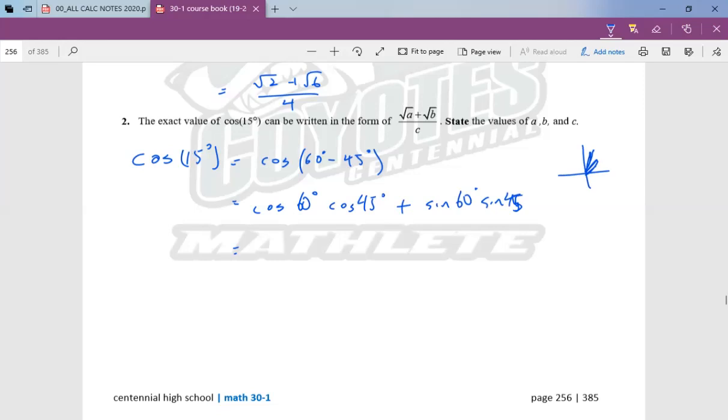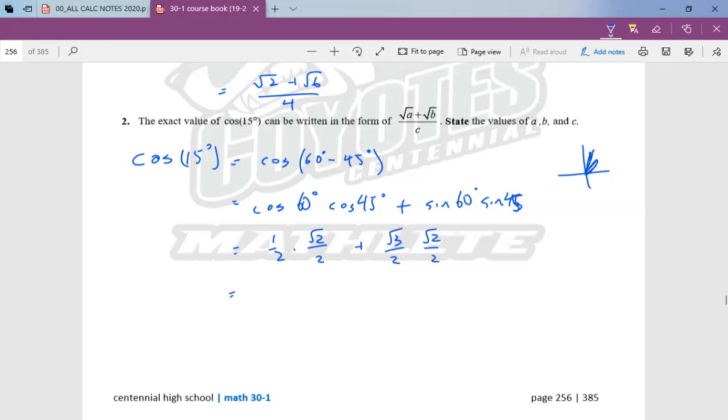At 60 degrees, the cosine is 1/2. At 45 degrees, sine and cosine both equal root 2 over 2. Sine of 60 is the vertical side of that 30-60-90 triangle standing up, so root 3 over 2, and then sine 45 is root 2 over 2.